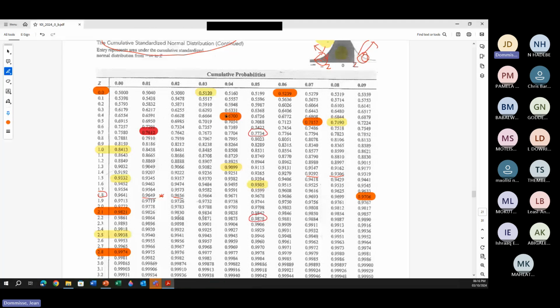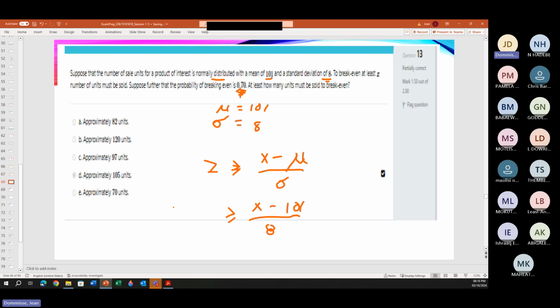So we can go to the Z table. We need to look at where the probability is 70. I don't like this, but we will say it's between those two, so 0.525. I don't like it when we need to go between two numbers, but let's see if that will work.